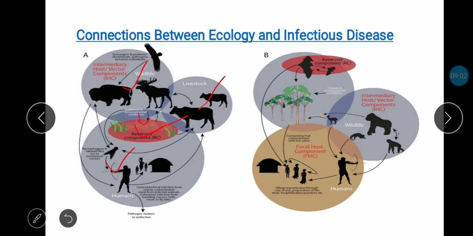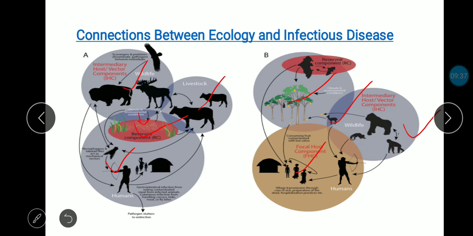In the second diagram on the right side, we can observe the same cycles being repeated, including the plant ecosystem and all the wild animals, livestock, then the terrestrial plants and animals, and through two-way connections it reaches the human being.